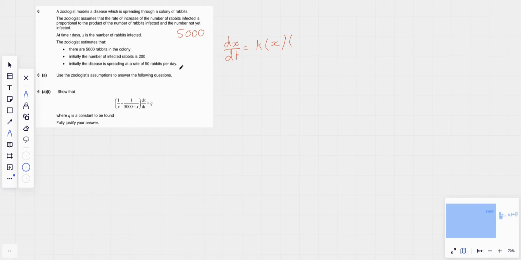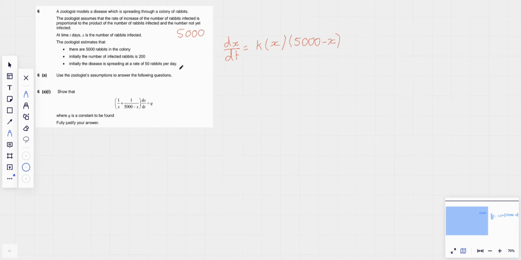Number of rabbits infected and the number not yet infected. Now, if there are x infected and the total population is 5,000, we surely know that the ones that aren't infected is just going to be the total population minus the ones that are infected. So we get this.